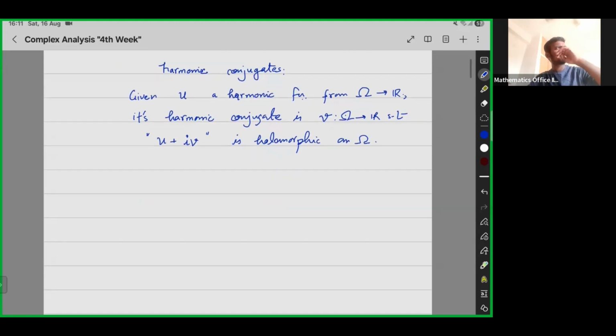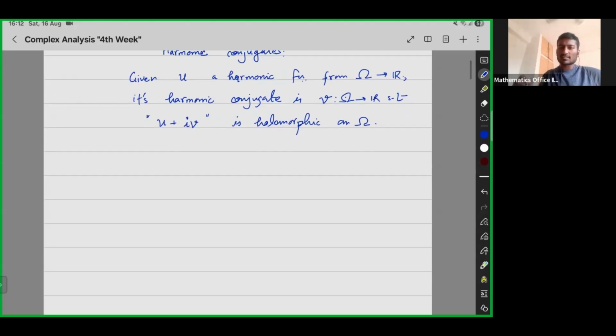Now after this, we have seen the maximum modulus principle for harmonic functions, and using it, we showed that for holomorphic functions we have a similar maximum principle. We can write it because this is helpful for your exercises.